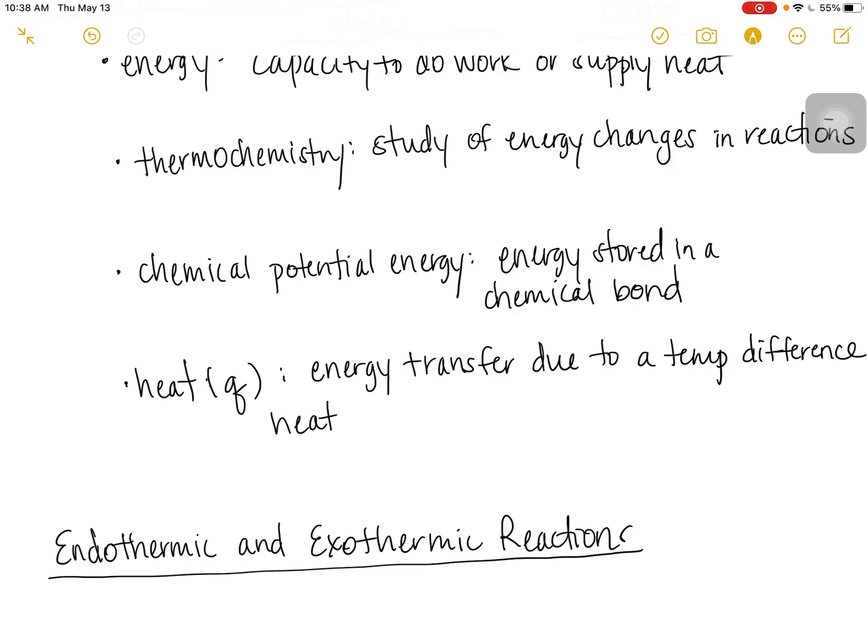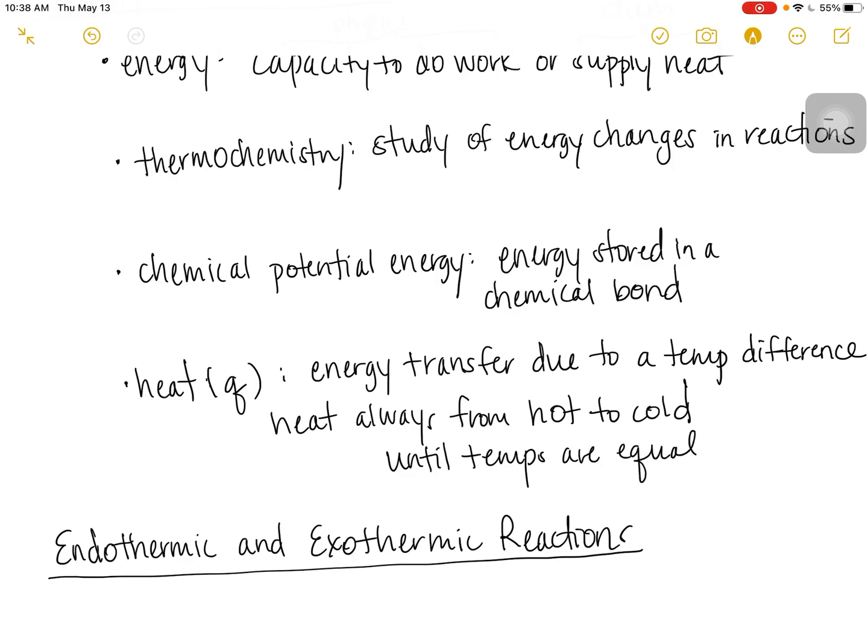And then one other thing, that heat will always flow from the hot object to the cold object until temperatures are equal. So we're going to be doing a lot of discussion on heat, or q. We're also going to be doing a lot of discussion on temperature in this chapter of thermochem.